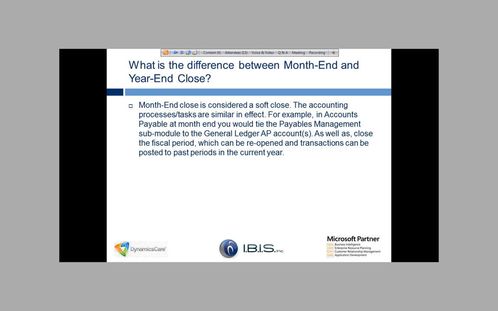For example, in the accounts payable module at month end, you would tie the payables aging report or the payables management submodule to the general ledger AP accounts, as well as close the fiscal period by going into the fiscal period window and checking off a box. And as you know, the fiscal period window can be reopened and transactions can be posted to past periods that are in the current year.